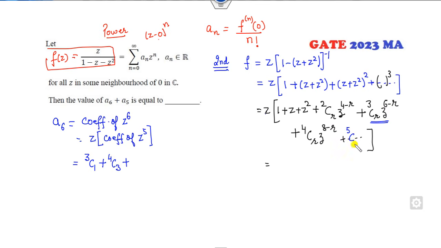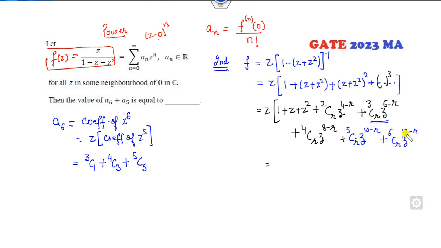So the next term is nCr, that's 5Cr z raised to power 10 minus r. So can we get z to the 5? Yes, when r is equal to 5. So 5C5. The rest of the terms do not appear because it's 6Cr z raised to power 12 minus r.